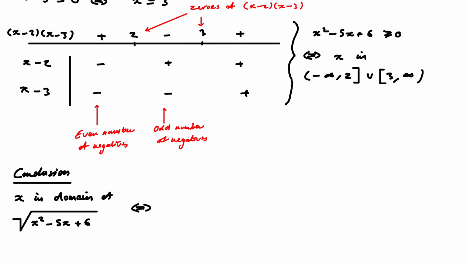So let's really write this carefully. So x is in minus infinity to infinity, that's the domain of g, the inner function, and x squared minus 5x plus 6 is in the domain of the outer function, that's just 0 to infinity. So this is me writing down step 3 again, right?